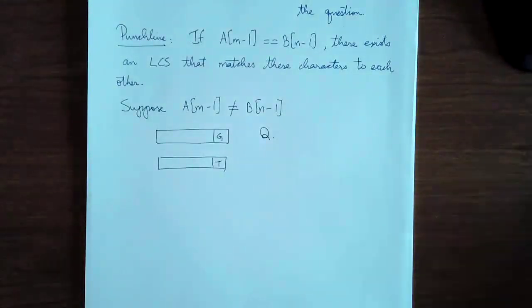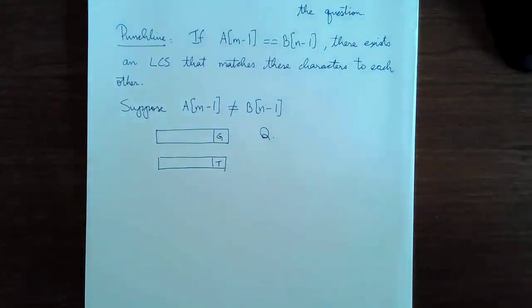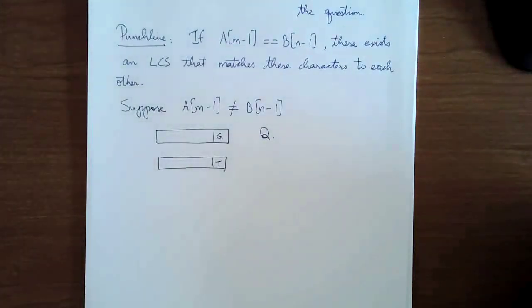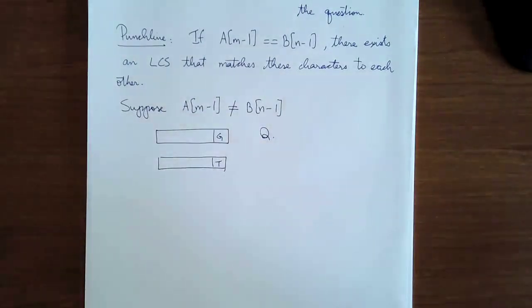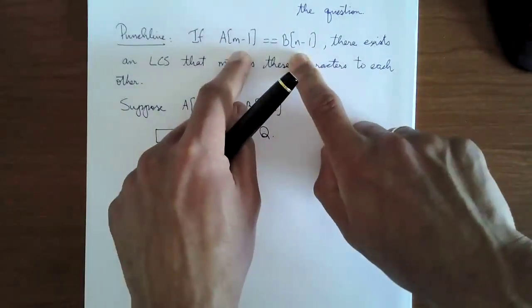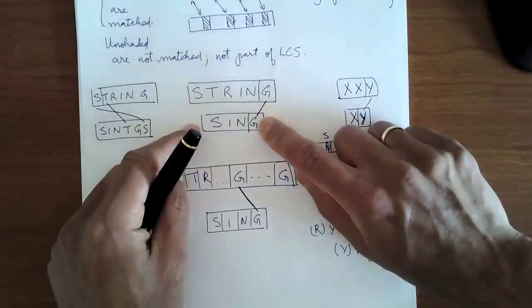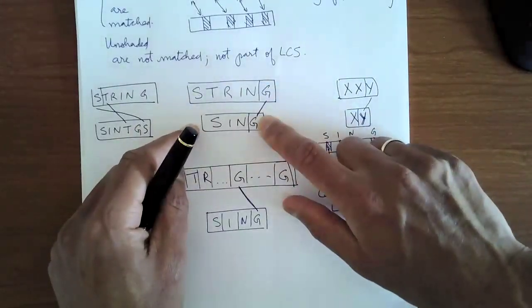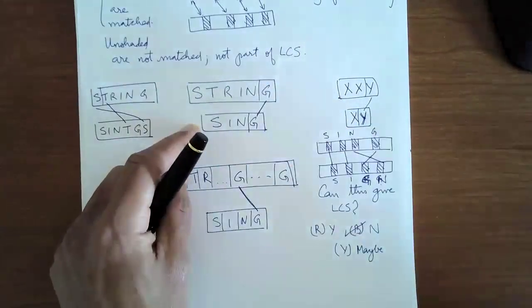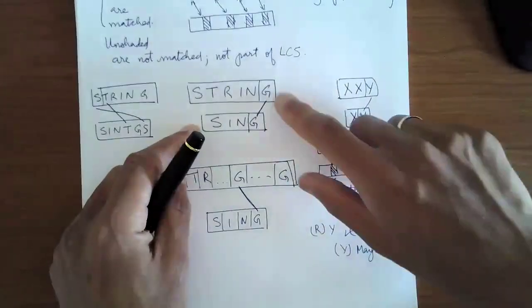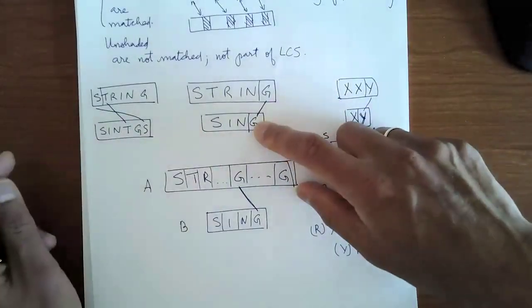We're not saying that. No. What we're saying is that if you have any longest common subsequence, you can start with it and change it so that these two match with each other. So it's like saying that if I have any two strings where the last characters are the same, then there exists a longest common subsequence where those last two characters are matched to each other.